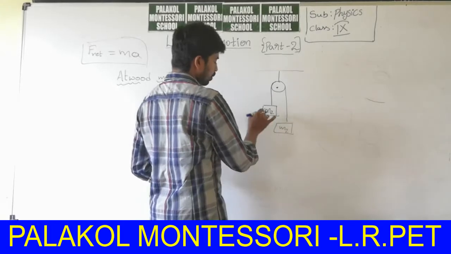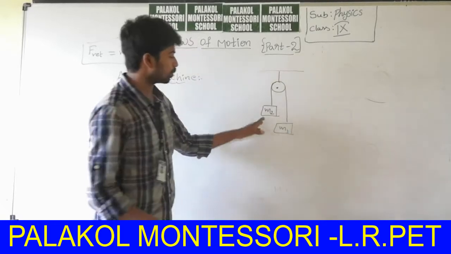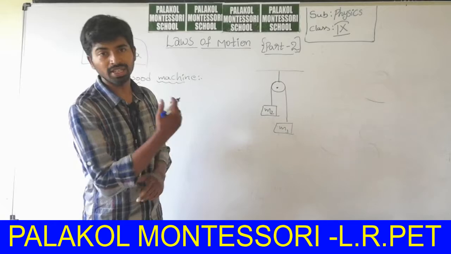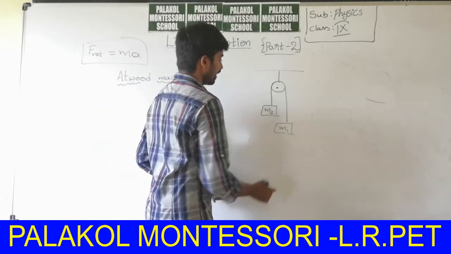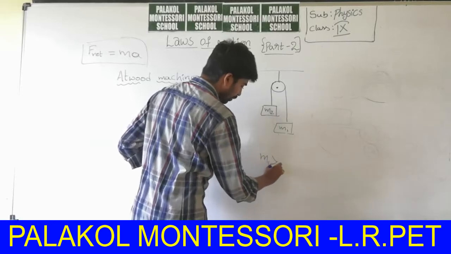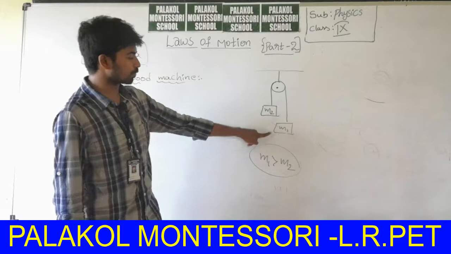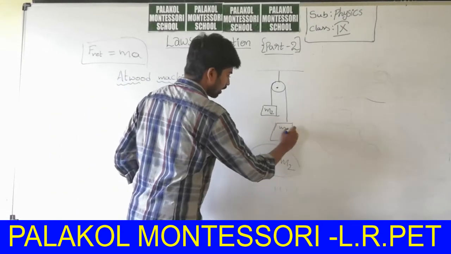So, here two masses m1 and m2 are connected with a string placed over a pulley. Let us say that m1 is greater than m2. So, this is the larger mass when compared with m2.